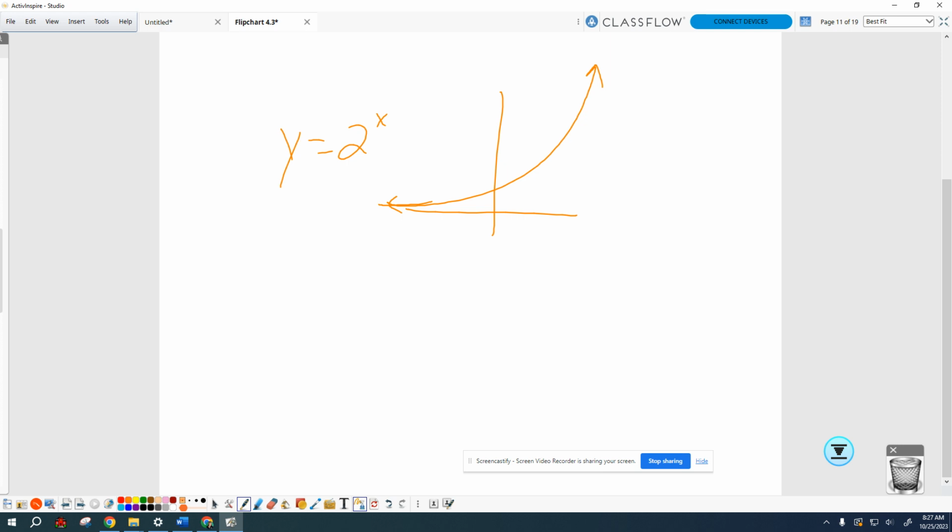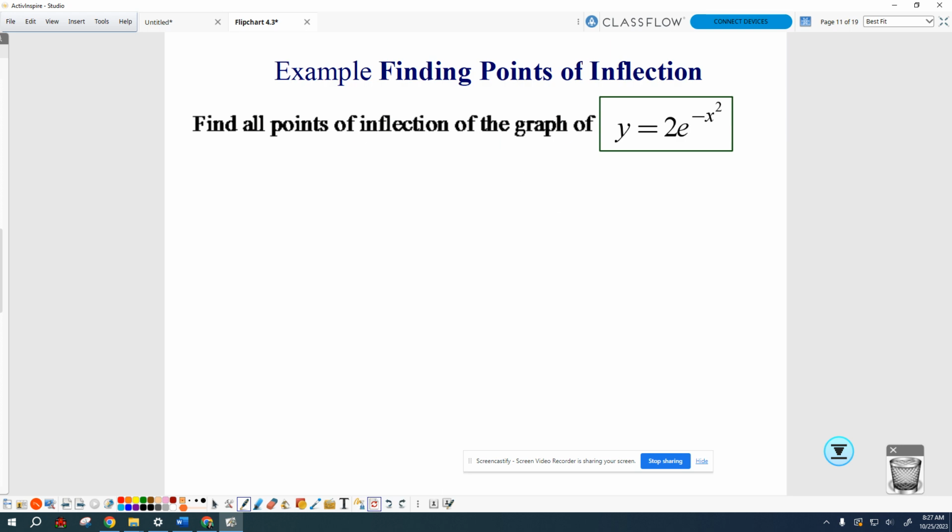So those exponentials, are they ever going to be negative? No. The only time it's going to be negative is if it's negative the whole time. That's the same with anything with a number where the x is in the exponent.